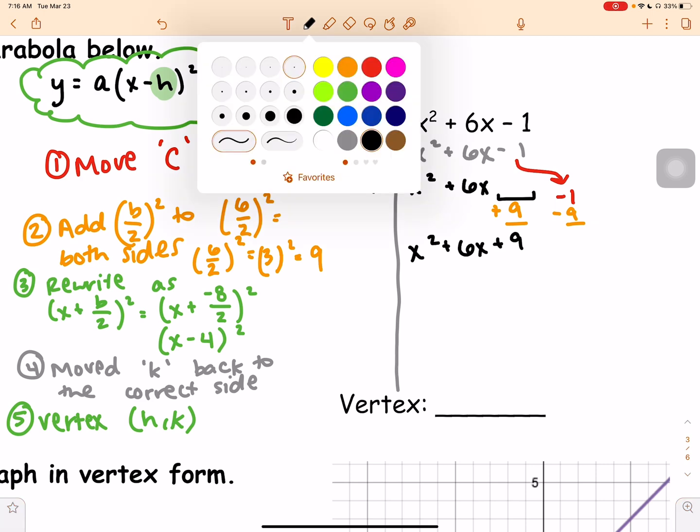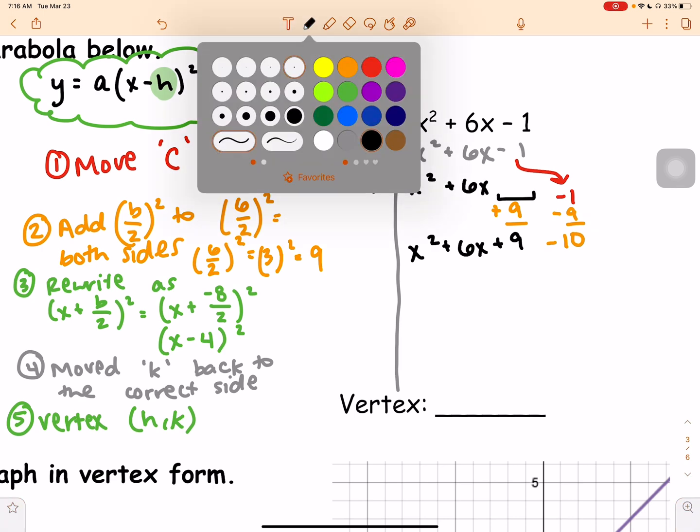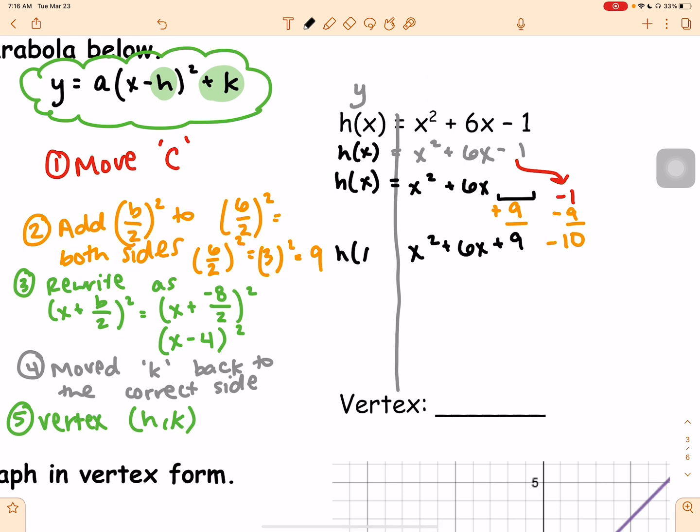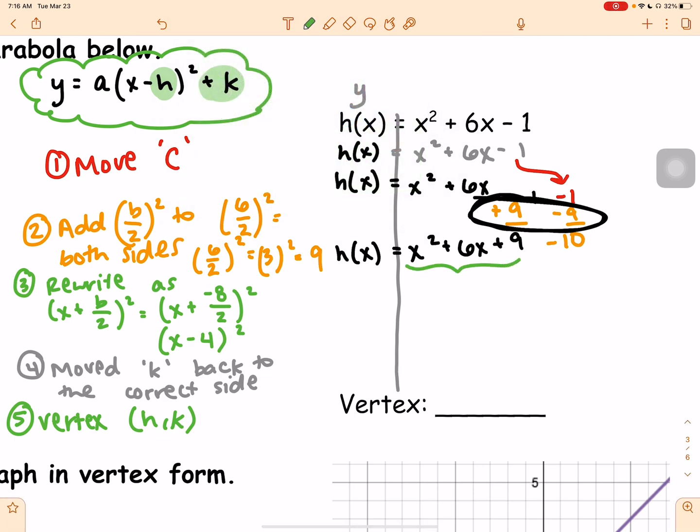And then we have this crazy little piece over here, the -1 minus 9. We're just going to keep that going along for the ride. That's -10. That is our k. So normally we would have it over on the right-hand side, but instead of doing that step, you can just keep it over here, but you have to make sure that you cancel those two out. So I added the 9 to be able to complete my square here.